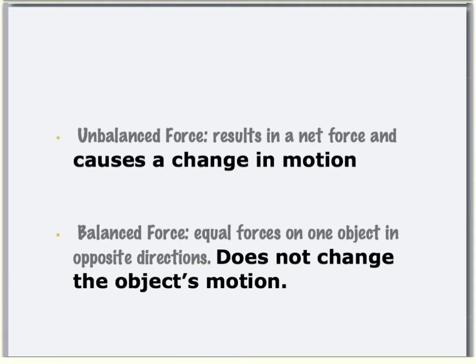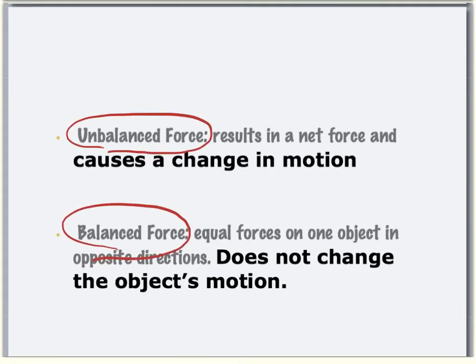Now, there are two types of net forces. One is an unbalanced force, and the other is a balanced force. An unbalanced force basically results in causing the object to move.